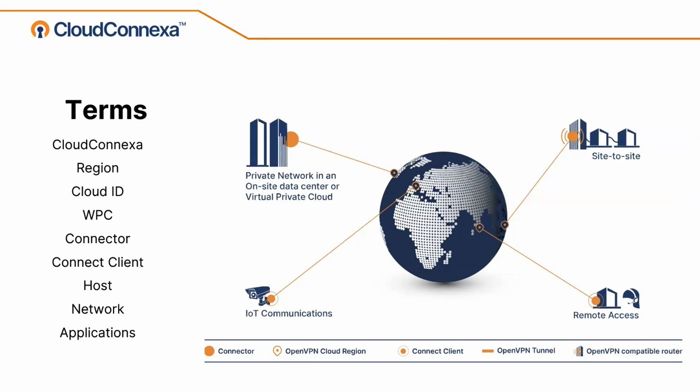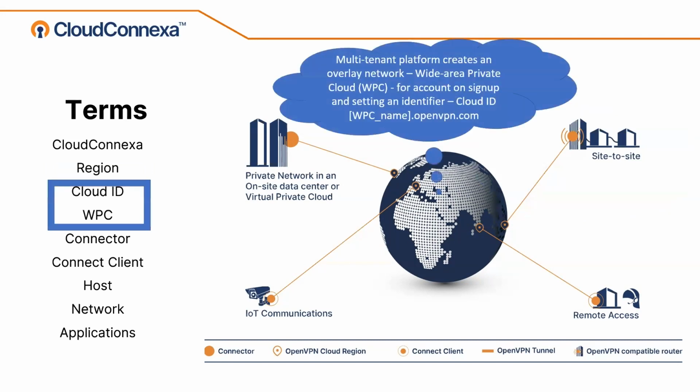Next is the importance of Cloud ID. And why is Cloud ID important? CloudConnexa is a multi-tenant service. That means all the regions, the core network, our platform, they all are built from the get-go to support multi-tenancy. All the networks and customers are virtually isolated.